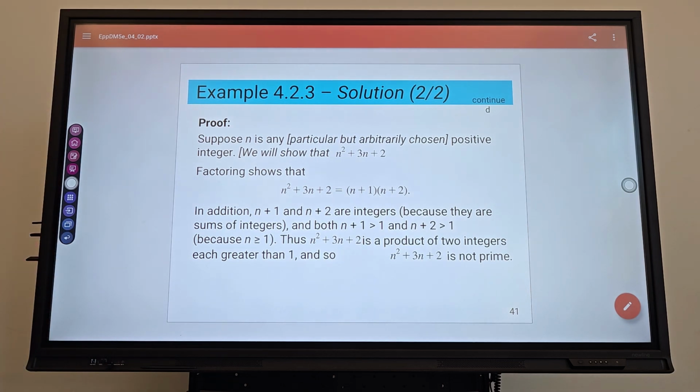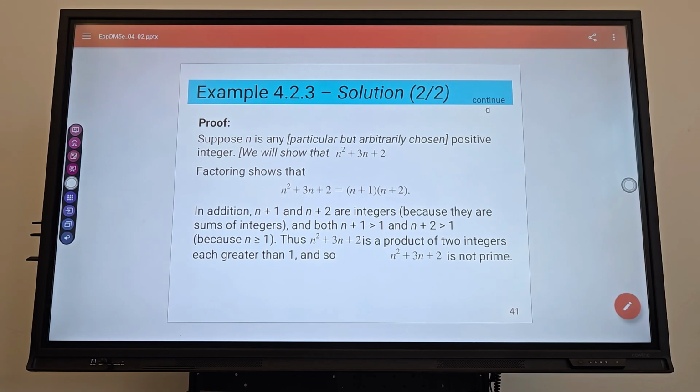Proof. Suppose that n is any particular but arbitrarily chosen positive integer. Factoring shows that n squared plus 3n plus 2 equals n plus 1 times n plus 2. In addition, n plus 1 and n plus 2 are integers because they are sums of integers.